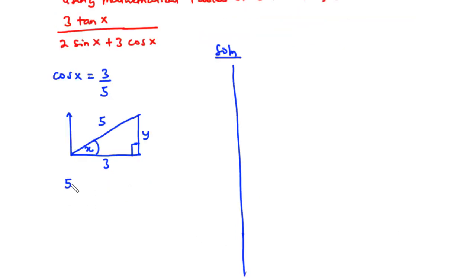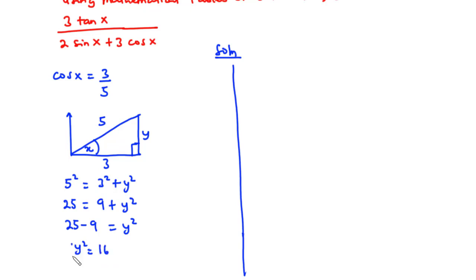So we have 5 squared equals 3 squared plus y squared. 5 squared is 25 equals 3 squared is 9, plus y squared. We transpose this to the left hand side. 25 minus 9 equals y squared. We have y squared to be equal to 16. Now we take the square root of both sides and then we have y to be equal to 4. Now this is the value of y.